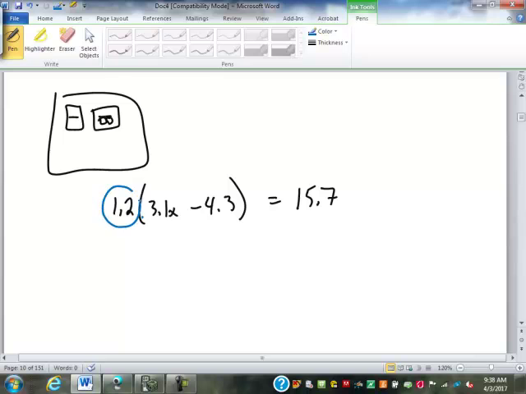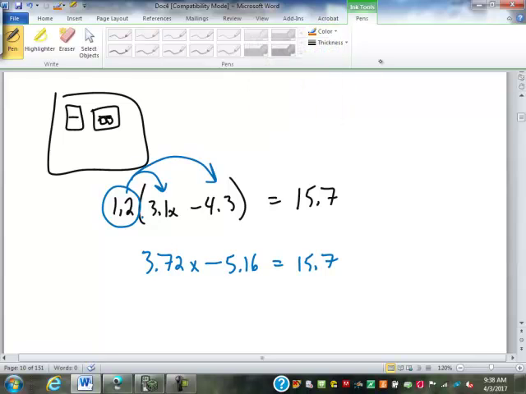That's multiplying by the 1.2. 1.2 times 3.1x is 3.72x. 1.2 times a negative 4.3 is negative what? 5.16, equals the 15.7.